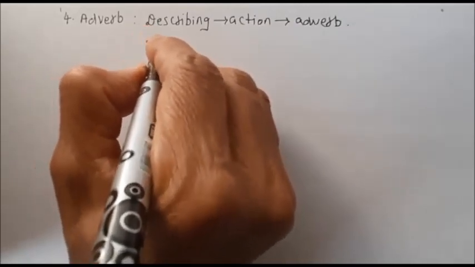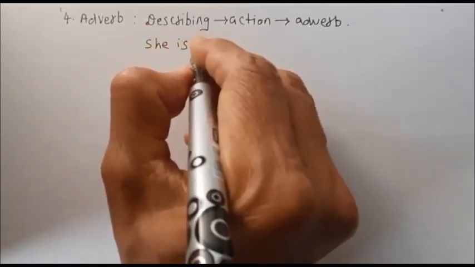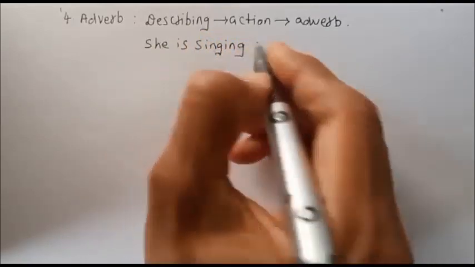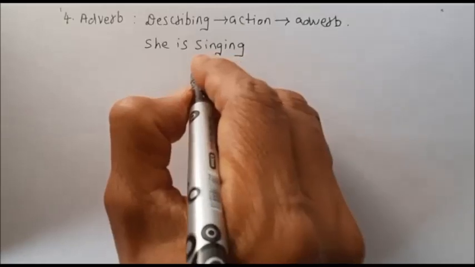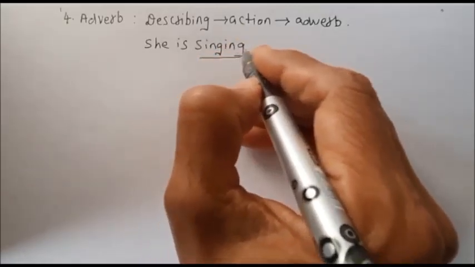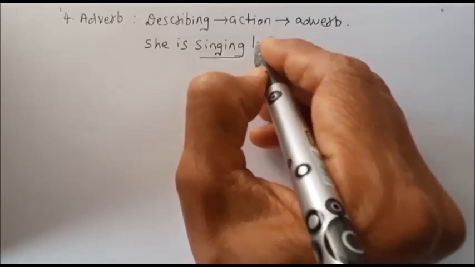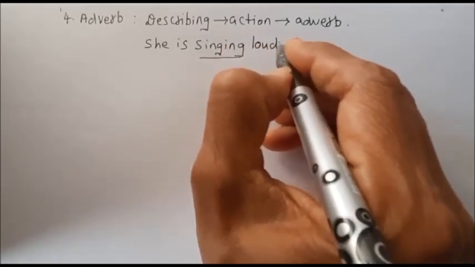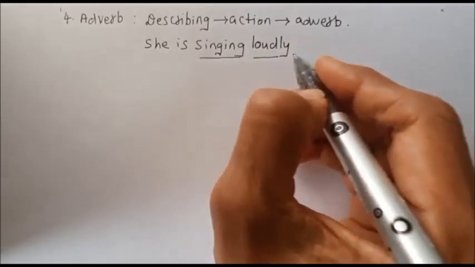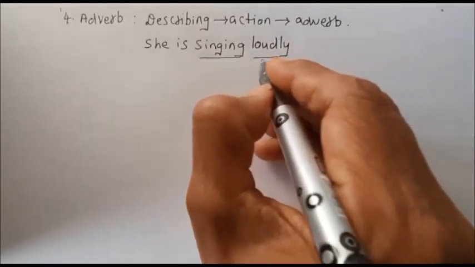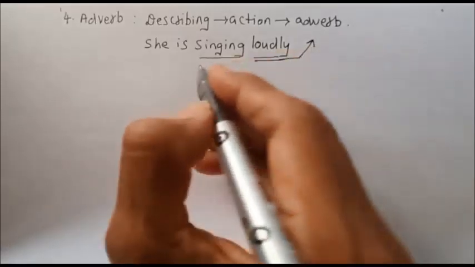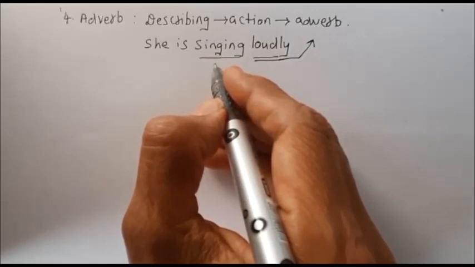She is singing loudly. Now when I say she is singing, up till now it's just an action. But when I say how is she singing, you say loudly. So we are describing this action over here. So this loudly will become an adverb, right? And singing is the action.